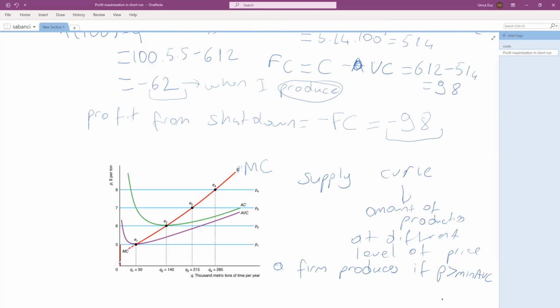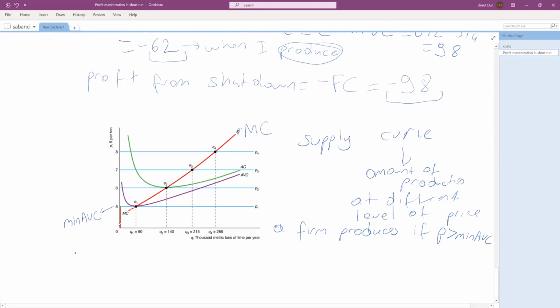Bu grafikte, specifically bu grafikte. What is the minimum of average variable cost in this graph? It is 5. So this is the minimum of average variable cost. Which means that if price is less than the minimum of average variable cost, which is 5, then what is supply?